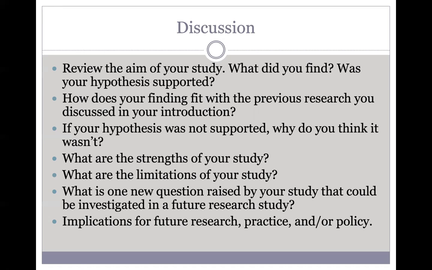So the limitation is that the distribution of the sample was not very even across gender, something like that. I'm making stuff up, but those are types of limitations: the sample size was small, or it wasn't very diverse, or your measures weren't very good, or a natural disaster happened, anything that might affect the study.